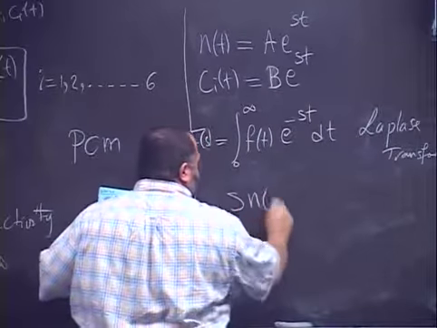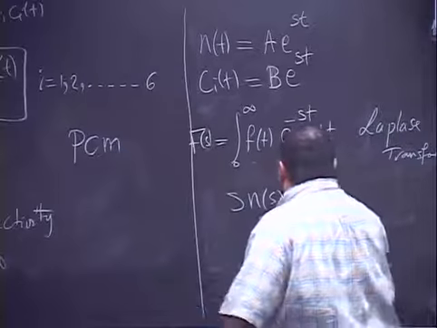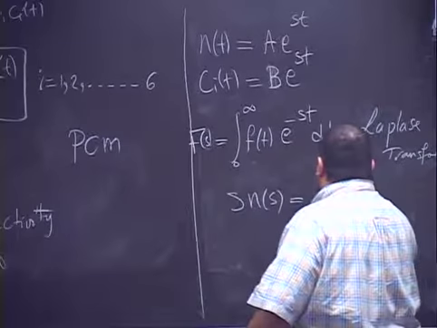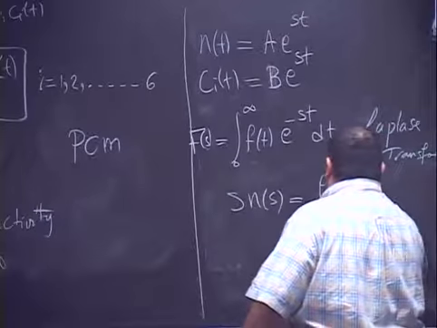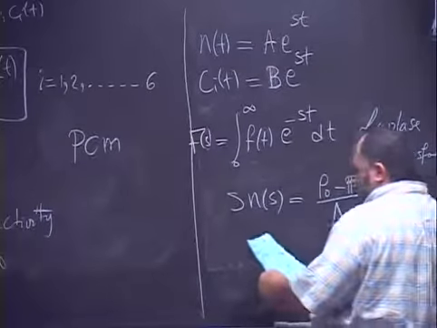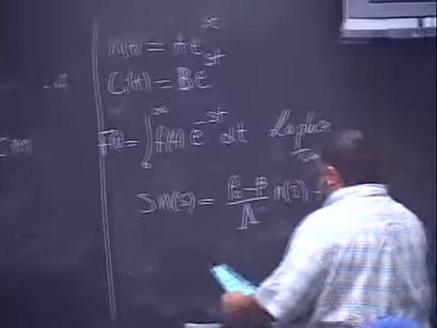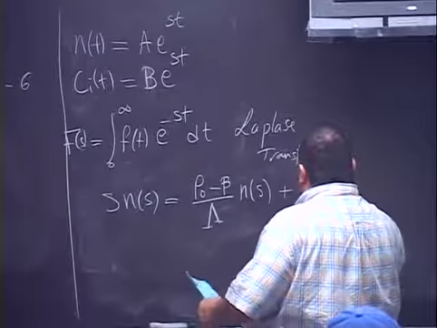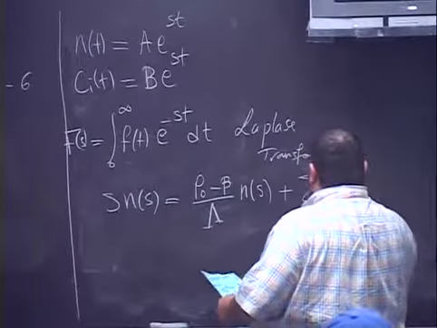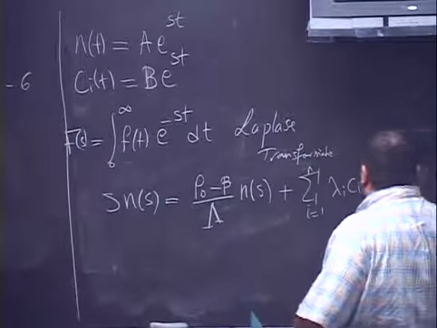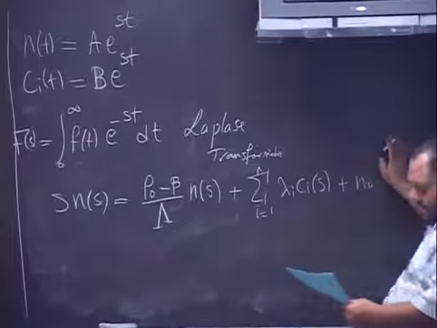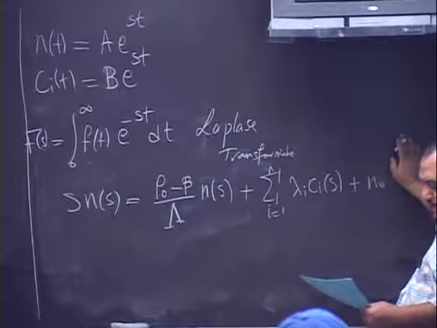S multiplied by n of s equal to rho naught minus beta divided by gamma multiplied by n of s plus the summation from I equal 1 to n of lambda I c I of s plus some n naught. Okay, guys?